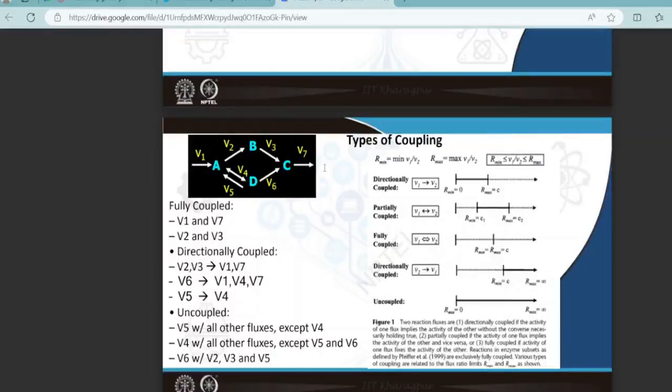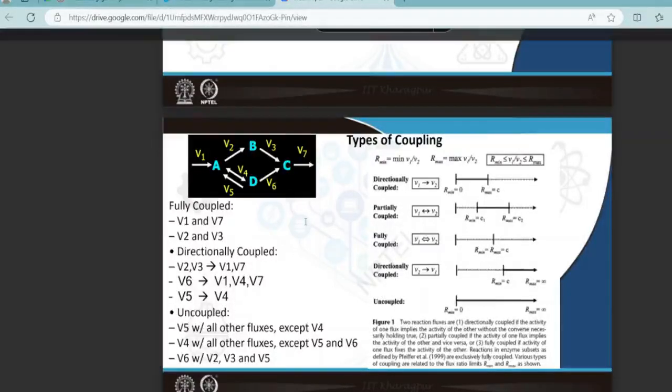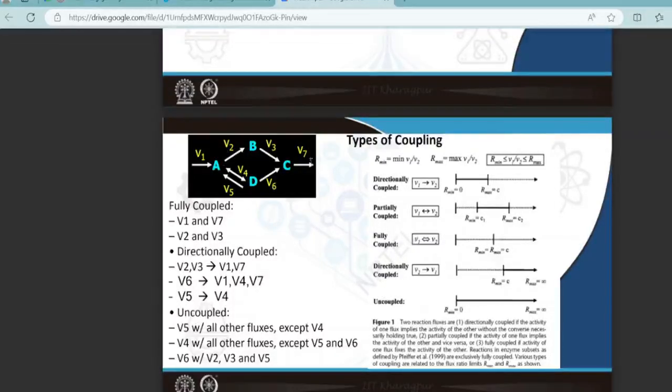Okay, sir. For example, let's consider two different fluxes here, like V1 and V7. Whatever flux goes through as V1, definitely comes out as V7 or goes back as V1, negative V1.